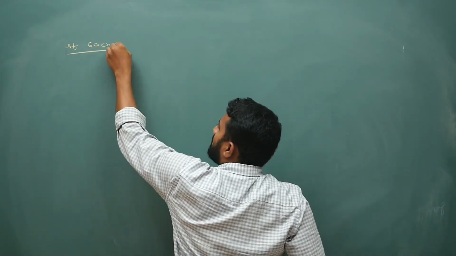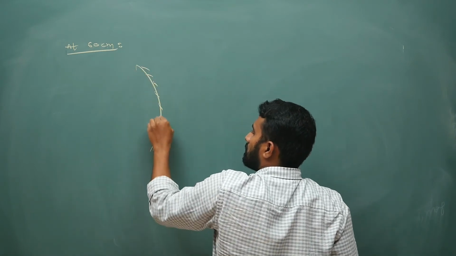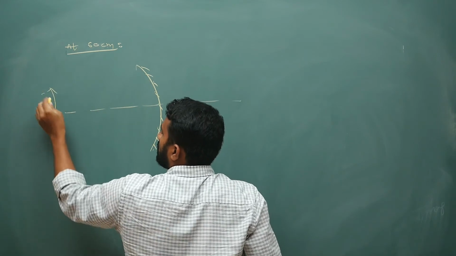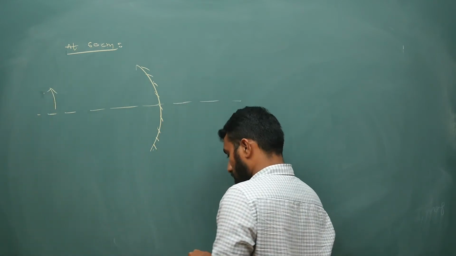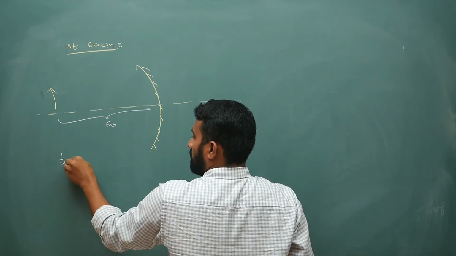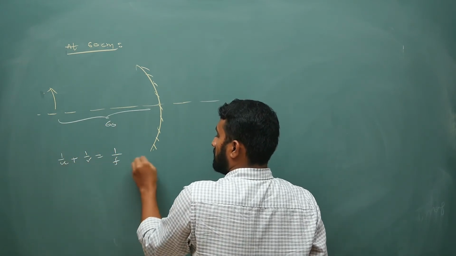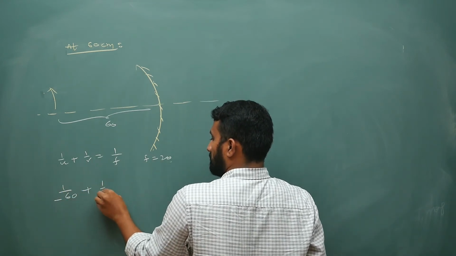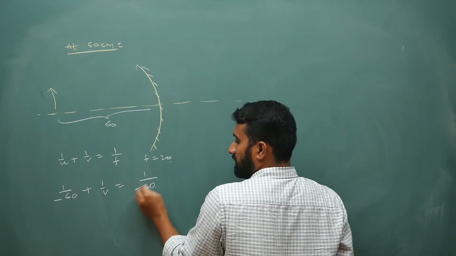At 60 centimeter, the object is here. So this distance is 60. So 1 by u plus 1 by v is equal to 1 by f. 1 by u is minus 60, plus 1 by v is equal to 1 by f, which is minus 20.